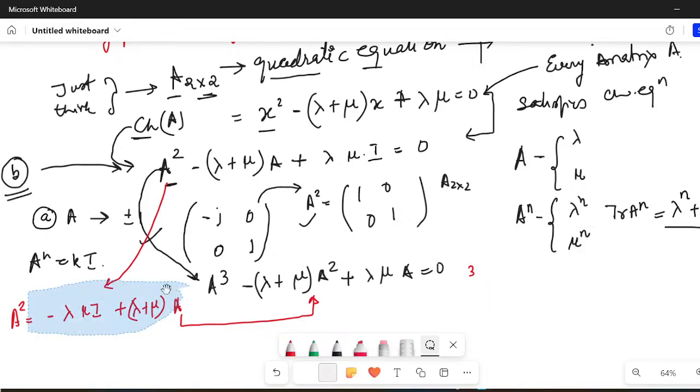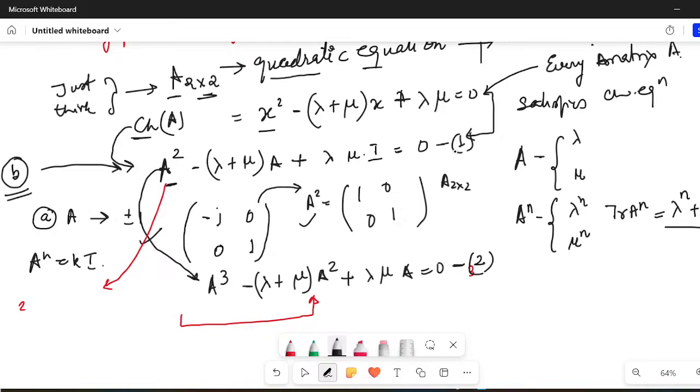So what I'm going to do is, let me write this as equation number 2, and let me write this as equation number 1, so that things are easy to understand. Now replace this A square here.